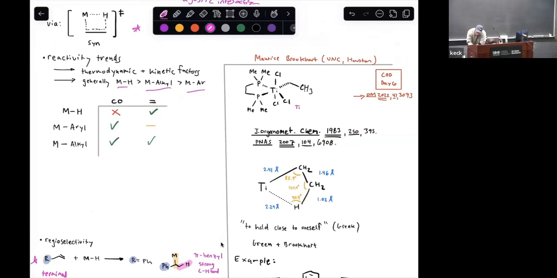Titanium +4. Which is d0. How many ligands do we have around? 1, 2, 3, 4, 5, 6. Okay, we're going to have 12 electrons. No d electrons, so overall electron count is 12 electrons.